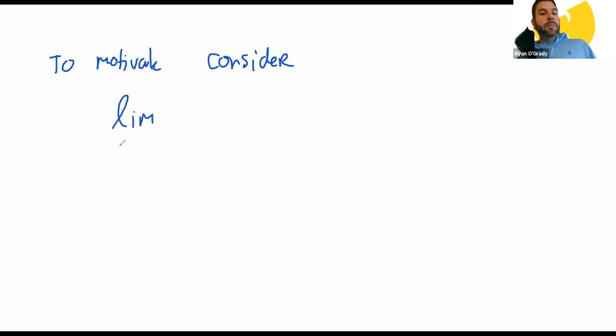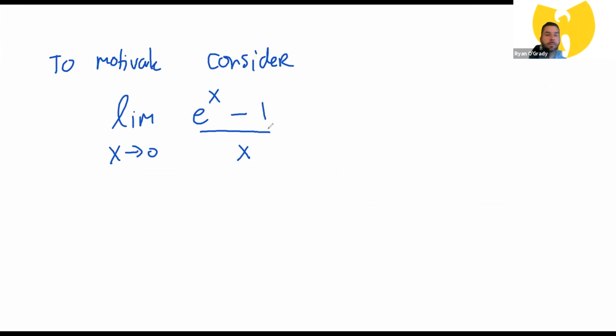Let's consider this limit: the limit as x goes to 0 of (e^x - 1) over x. Suppose I gave you this limit and said compute it. Hopefully the first thing you would do is try to plug in x equals 0.